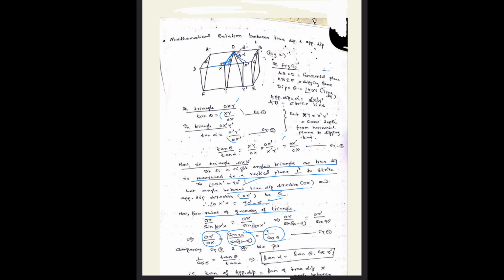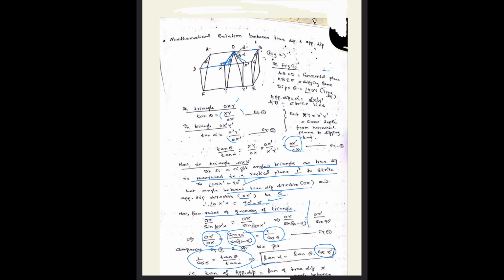Now comparing this equation with the earlier equation, we get tan theta by tan alpha is 1 by cos delta, or tan alpha is tan theta into cos delta. So the tan of apparent dip is the tan of true dip into the cos of the angle between true dip direction and apparent dip direction. This is the formula that exists between true dip and apparent dip and the angle between their directions.